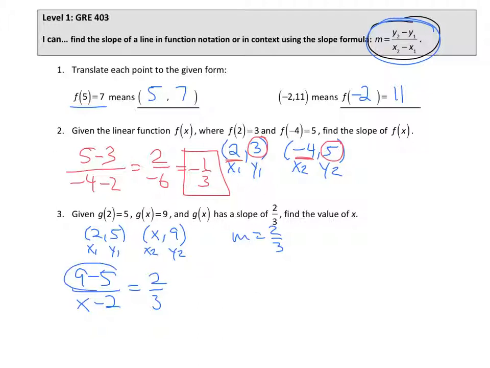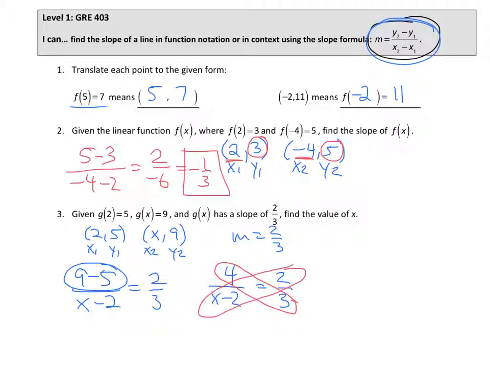First, I could simplify the top of this left side, and 9 minus 5 is 4 over x minus 2 equals 2/3. And now to solve this equation, I can cross multiply. Whenever you have two equal fractions in an equation, you can multiply the diagonal parts together and set them equal.